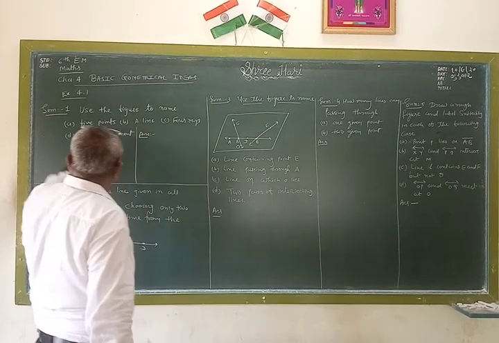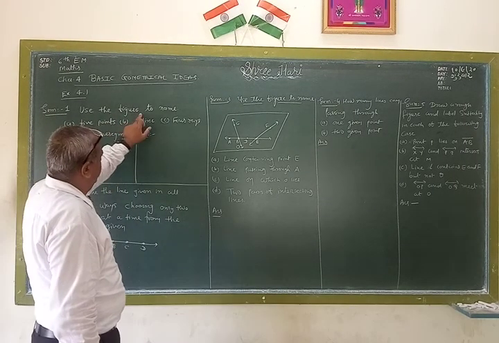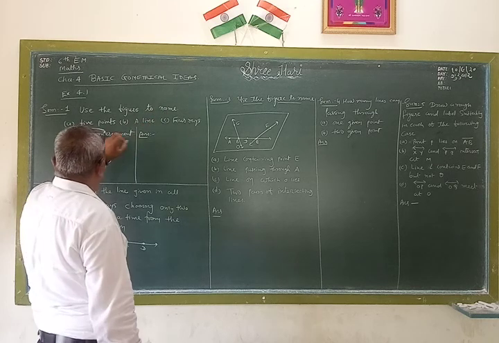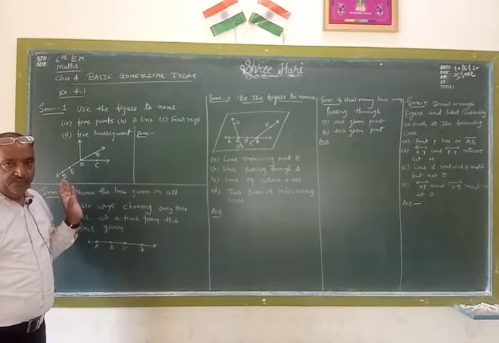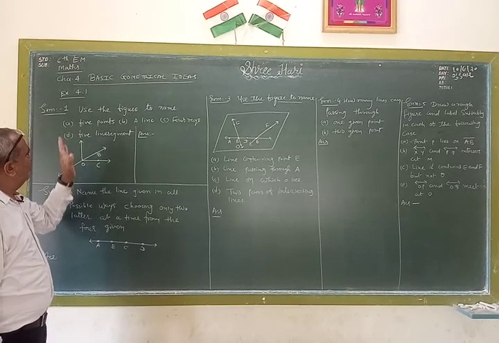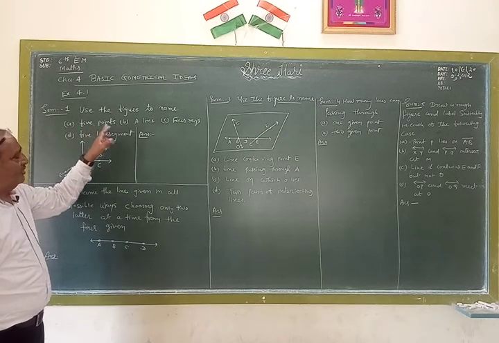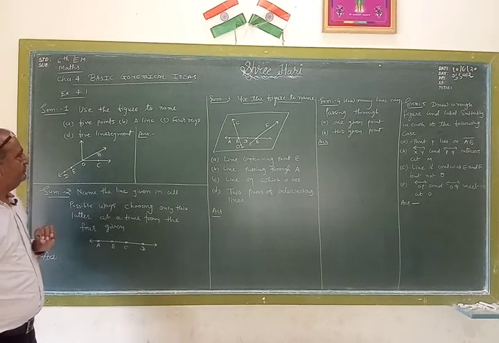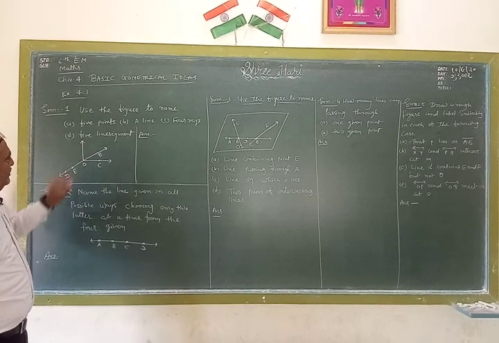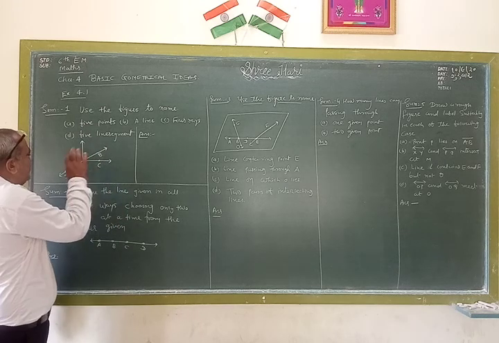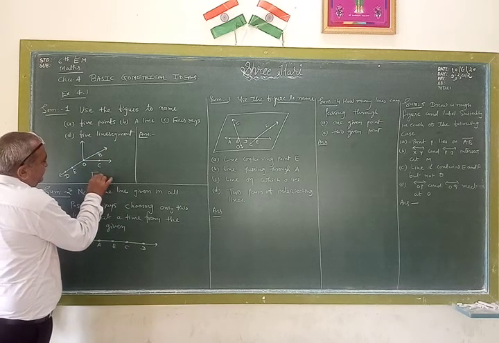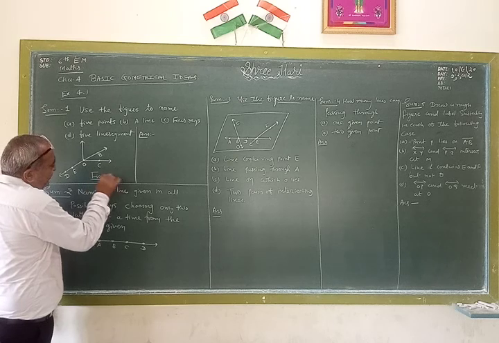Sum number 1, use the figure to name. With the help of this figure, we have to give the answer of our question. First, 5 points. Friends, this is the figure.